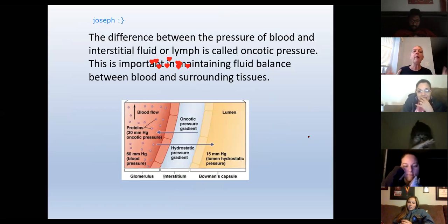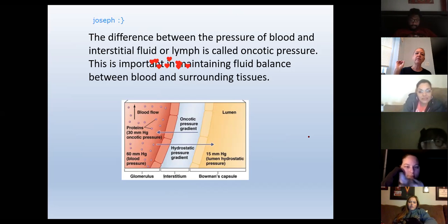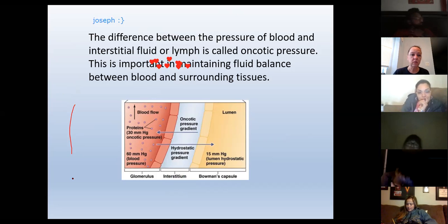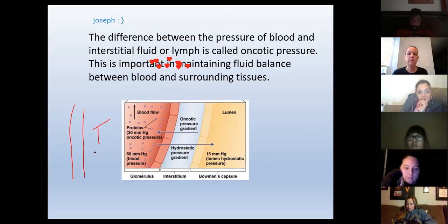When we're talking about biology and we're discussing the pressure of blood and the pressure of the tissue, all right? So now the pressure inside the blood vessel. Inside the blood vessel, we have the pressure, and out here, the tissue.